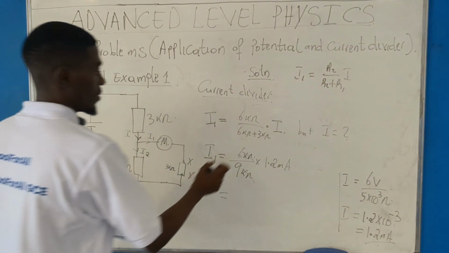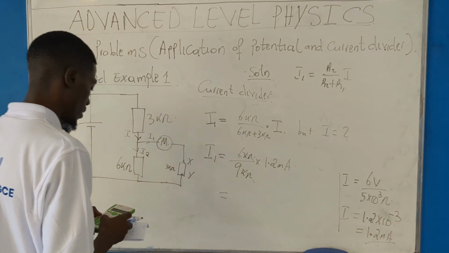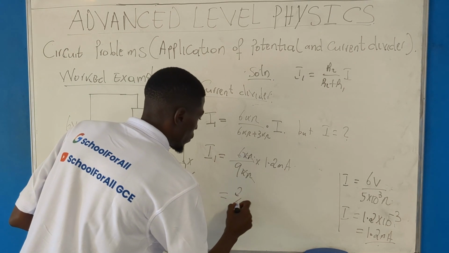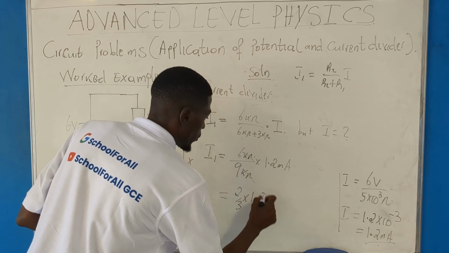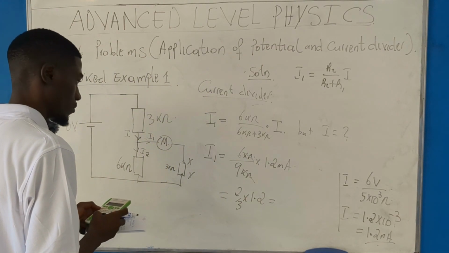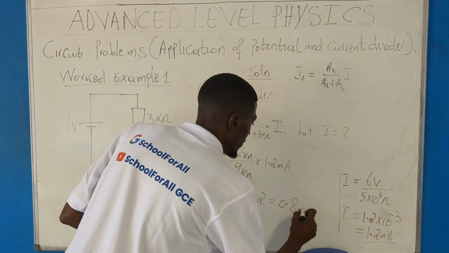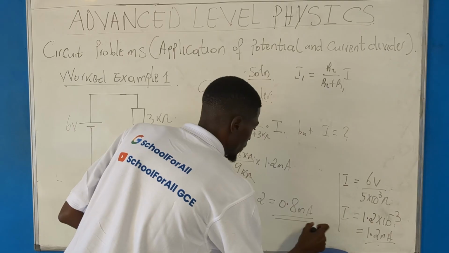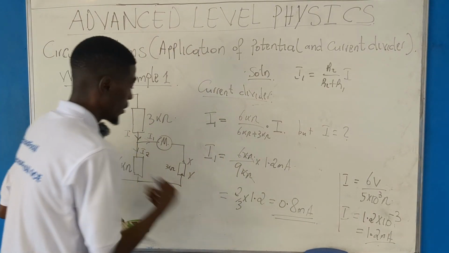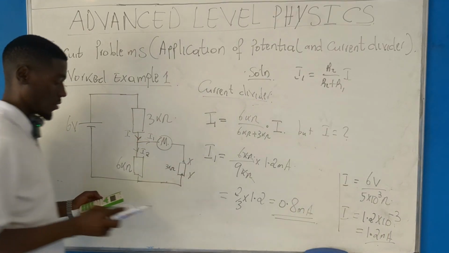When we take now 6 divided by 9, we have 2 over 3, so it will be 2 over 3 times 1.2, making a total of 0.8 milliamperes. So this is the value of the current flowing through the ammeter by applying current divider.